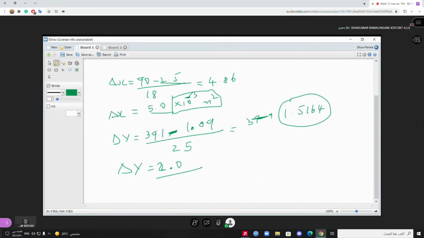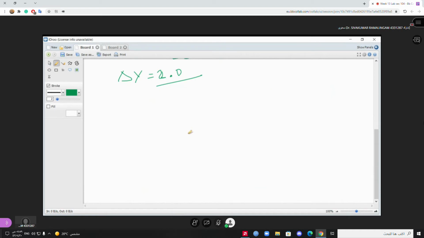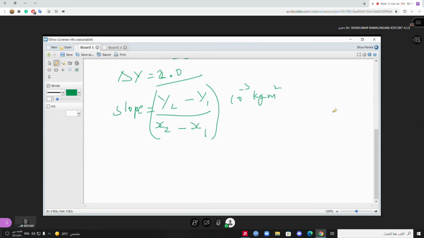Come to the slope calculation: y2 minus y1 divided by x2 minus x1. 10^-3 kilogram meter square is the unit in the y-axis. 10^-3 meter square is the unit in the x-axis.